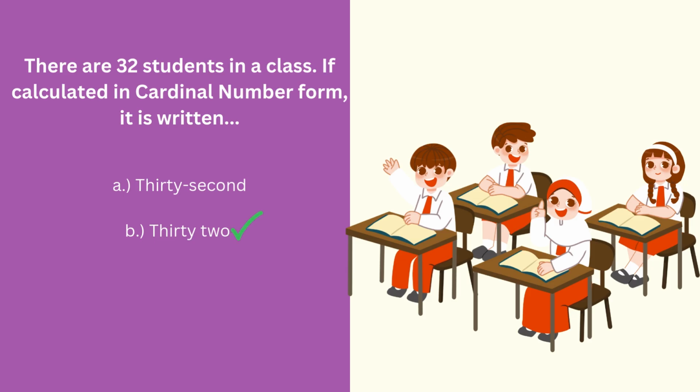Yes, the correct answer is B, 32. Why 32, not 32nd? Because 32 shows quantity, not position. If 32nd, it shows position, not quantity.